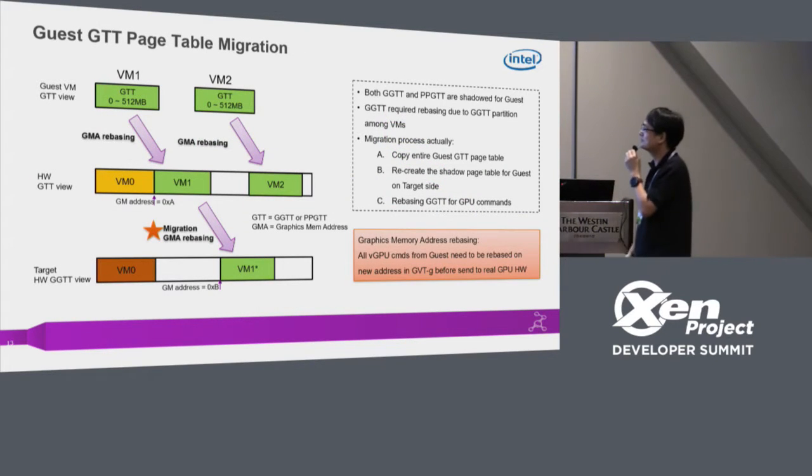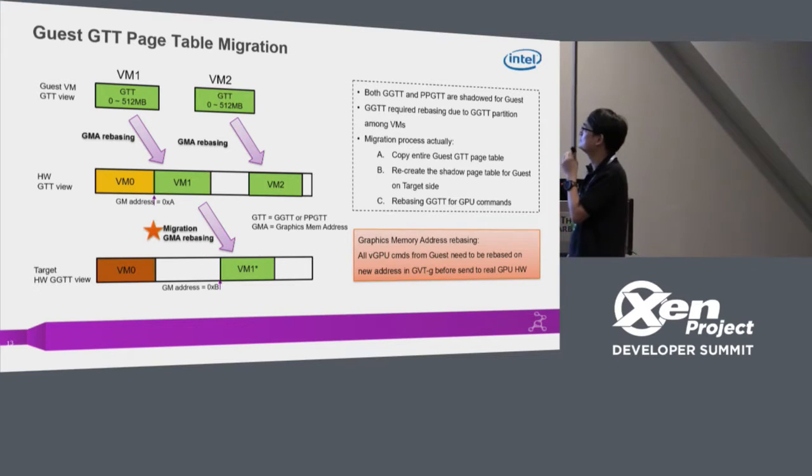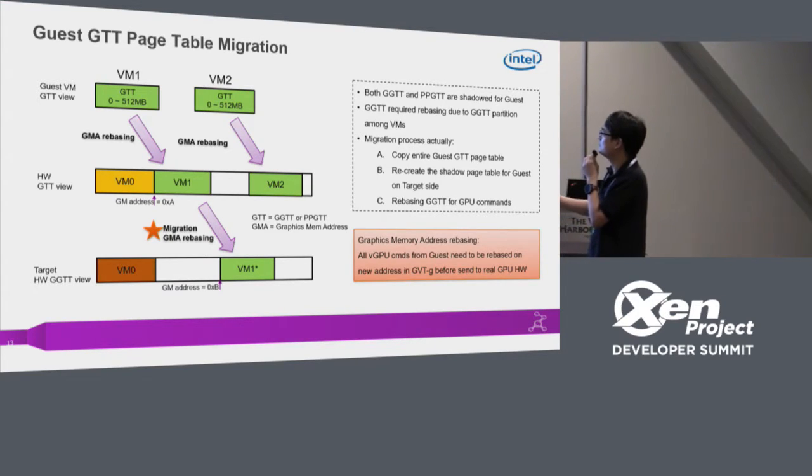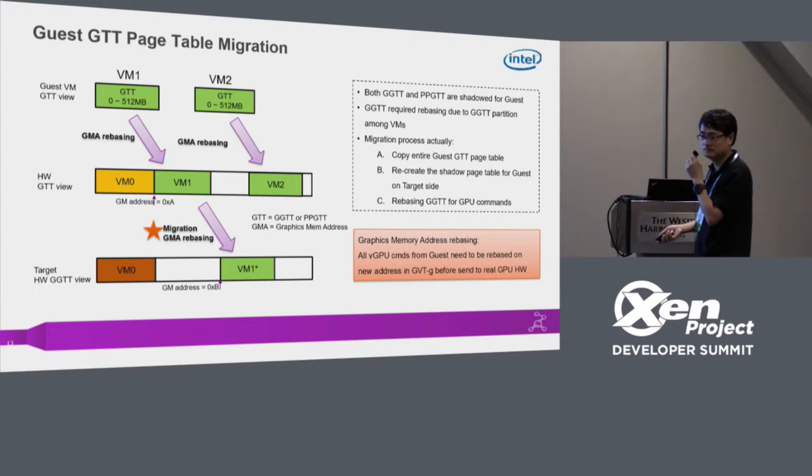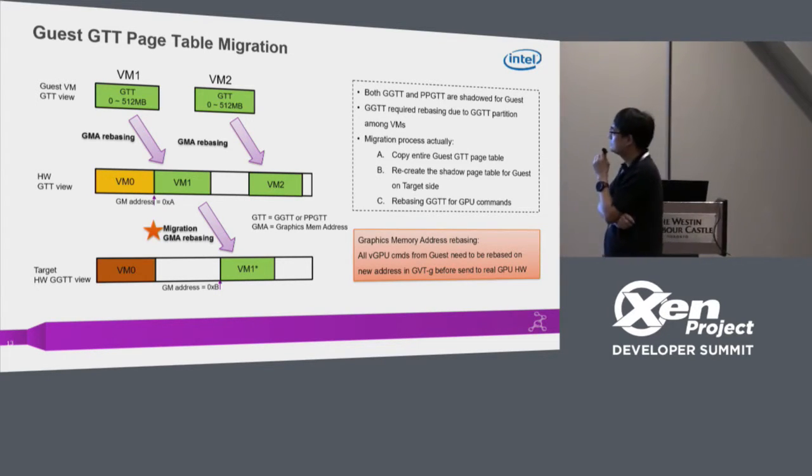When a guest VM GTT is migrated to the target, maybe this is a simplification for the sake of the slide, but all the VMs have a contiguous range inside the hardware GTT view. That works great as long as all the VM frame buffers are exactly the same size. But if they were different sizes, you could eventually get fragmentation, which would make it difficult to migrate onto a specific target if it doesn't have a contiguous range big enough. Is the hardware capable of handling discontiguous ranges in that GTT view?